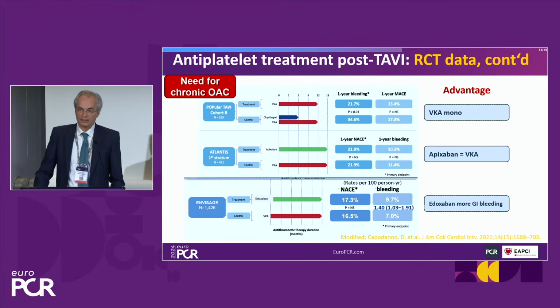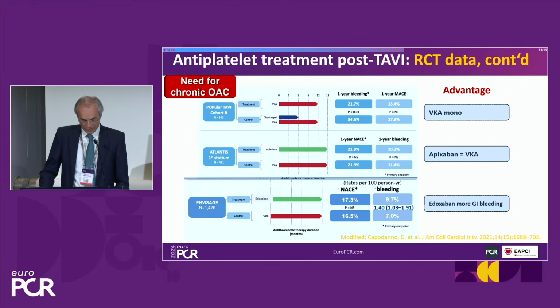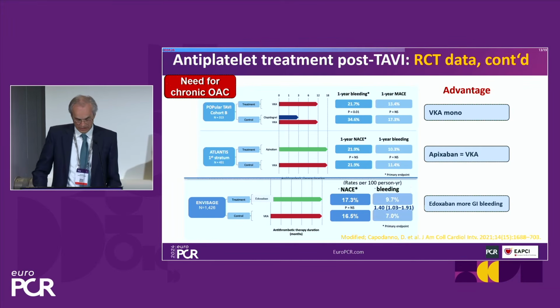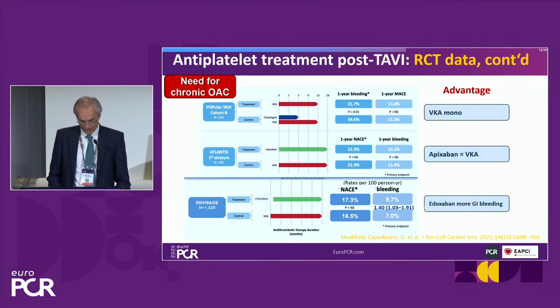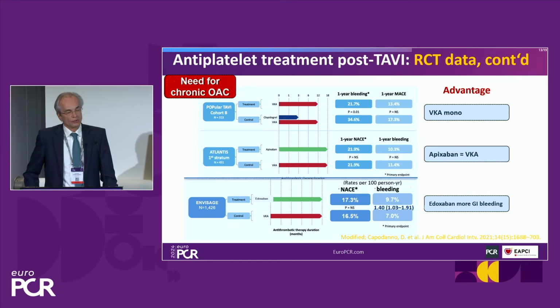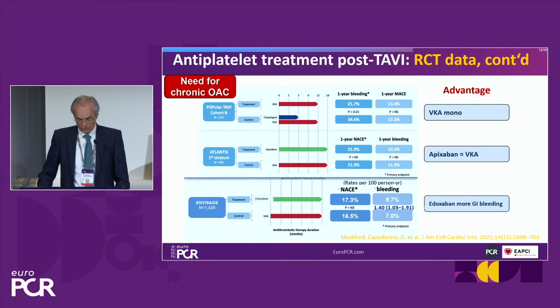Now we have the ENVISAGE study. Nicolas and myself are members of the study group. In ENVISAGE, we see that edoxaban is non-inferior to VKA, but there is a higher rate of gastrointestinal bleeding if you treat the patient with edoxaban as compared to VKA.